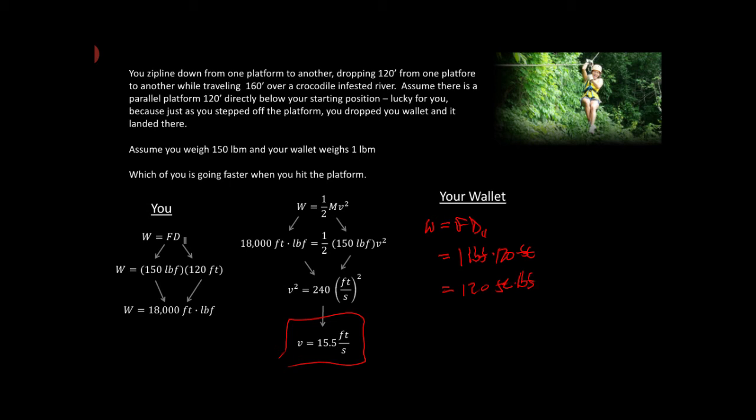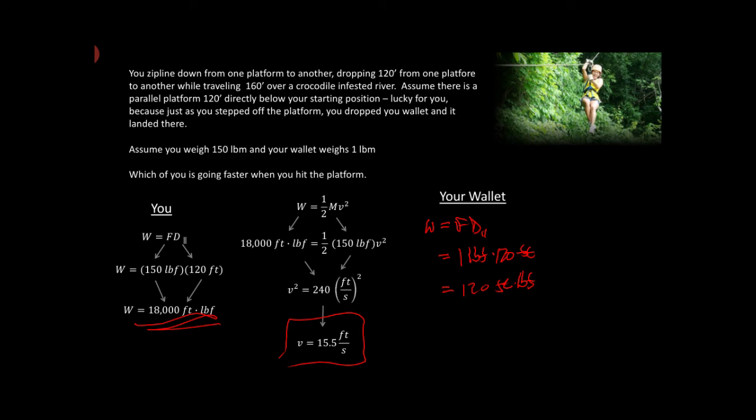This is exactly how hard the world is, and that's the amount of work that's done to that wallet. So you might be at this point thinking that's a lot less work done to that wallet than to the zipline or to you.